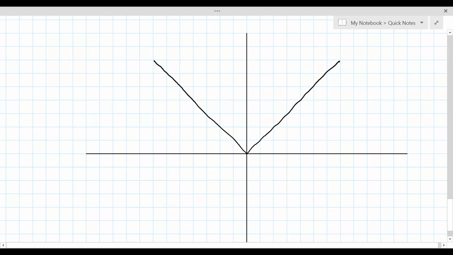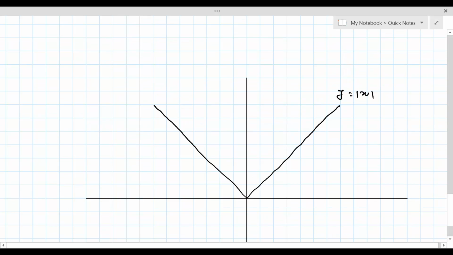There you go. So this is y is equal to mod of x. But something interesting here, that y increases one step right, one step up. This is the trend in the increasing values of y. So one step right, one step up, one step right, one step up, one step right, one step up.